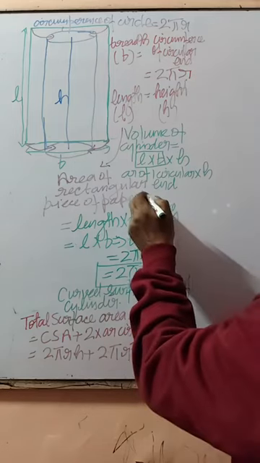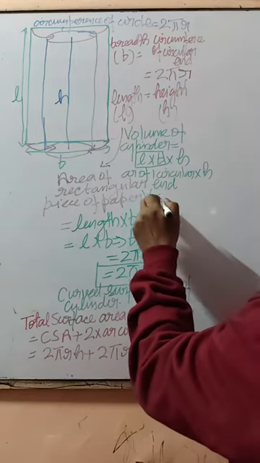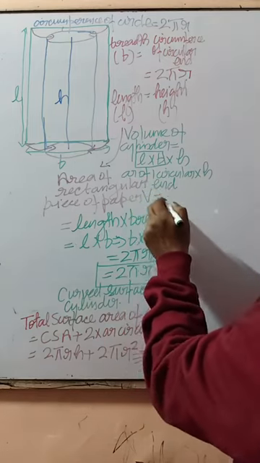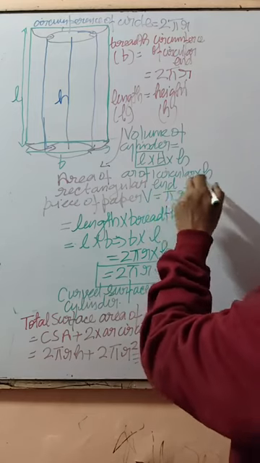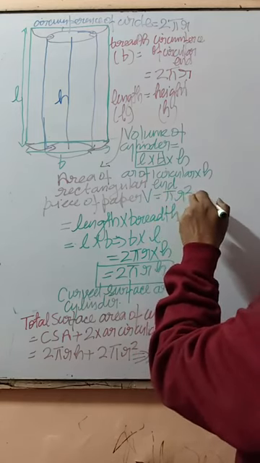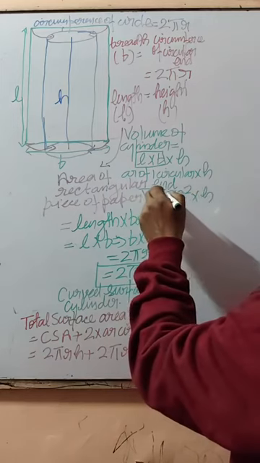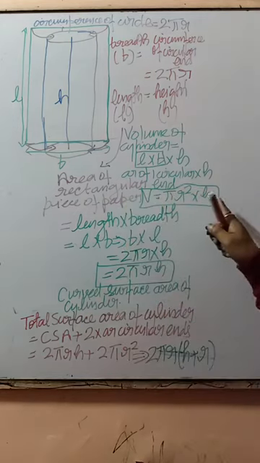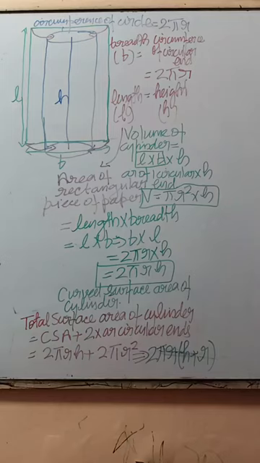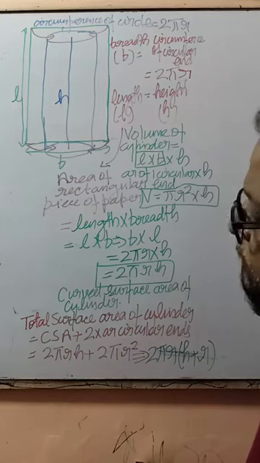So volume is equal to area of circle, which is pi r square, and h. So this is the volume of cylinder, pi r square h. Getting? Yes, sir.